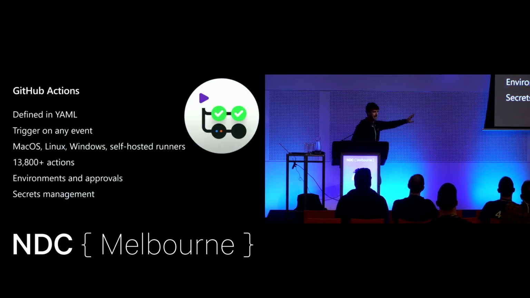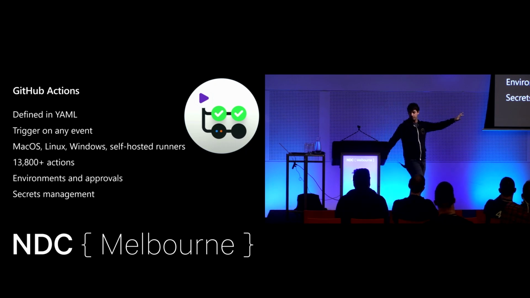So, a little summary of GitHub Actions just before we talk about the migration thing. They're defined in YAML. Those YAML files live alongside the code in the repository. If you create a feature branch and change the way your application works, and therefore change the way it builds, then you can change the workflow code alongside that change.